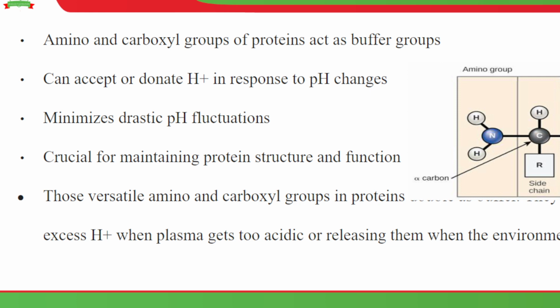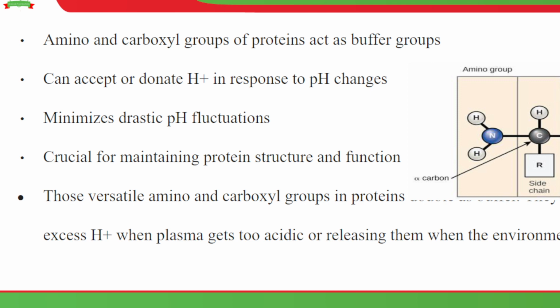The amino and carboxyl groups of protein act as buffer groups, meaning they can accept and donate hydrogen ions in response to pH changes, and this helps to minimize drastic changes in pH. It is crucial for protein structure and functioning, given that we know factors that affect protein structure, one of them being pH.